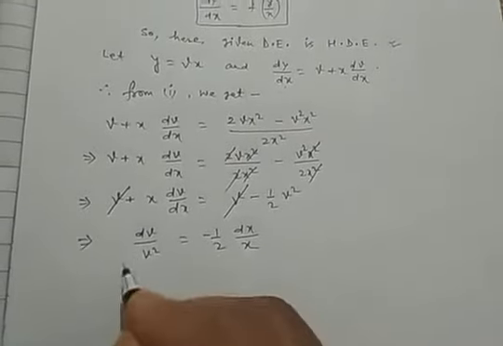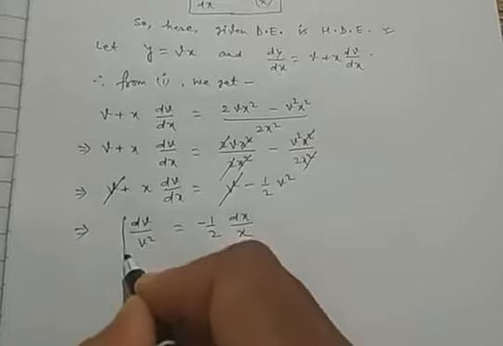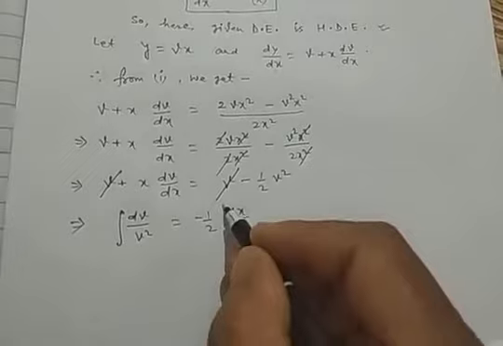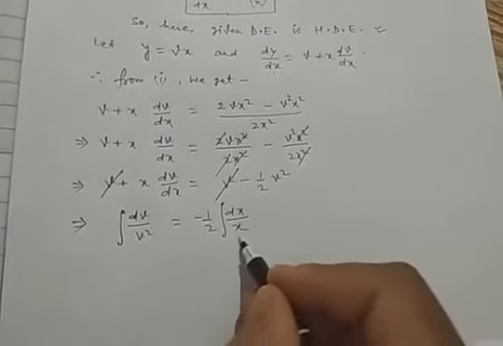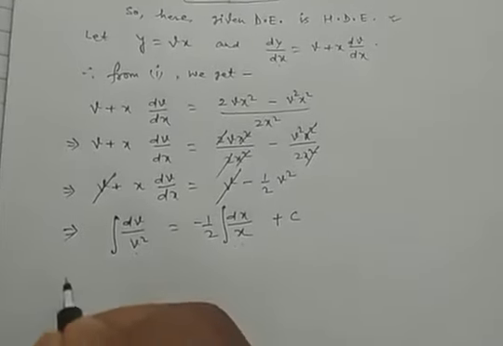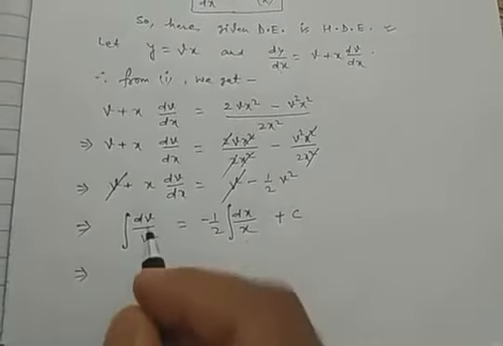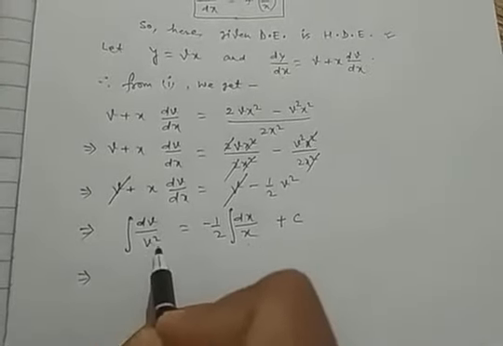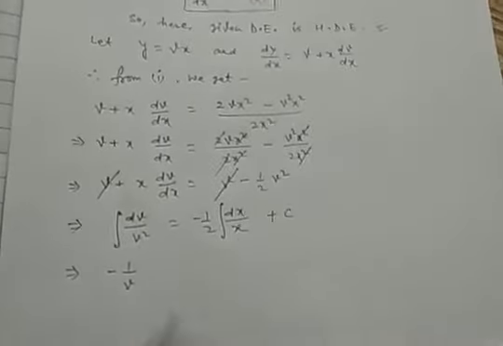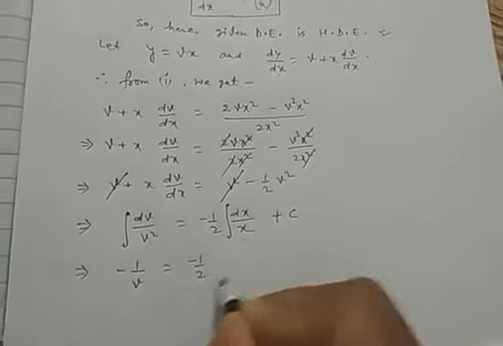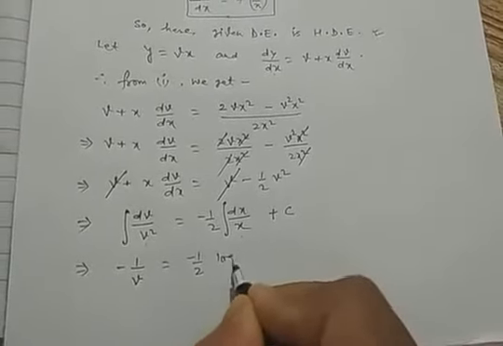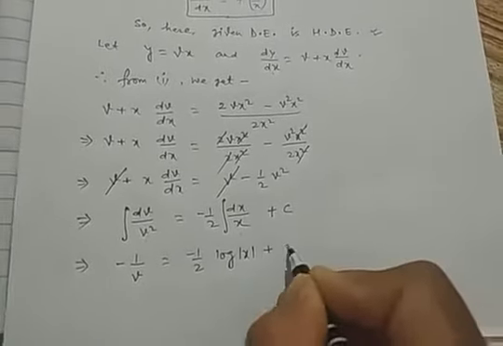So here will be the integration of dv upon v square equal to minus 1 by 2 integration of dx upon x plus a constant of integration. Now the integral of 1 upon v square is minus 1 by v, equal to minus 1 by 2 the integral of 1 upon x, which is log mod x plus c.